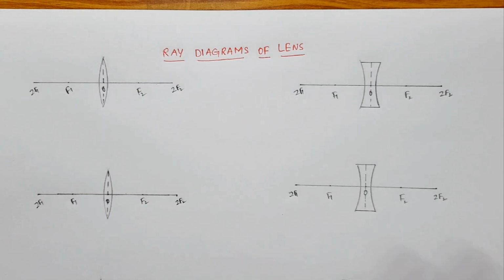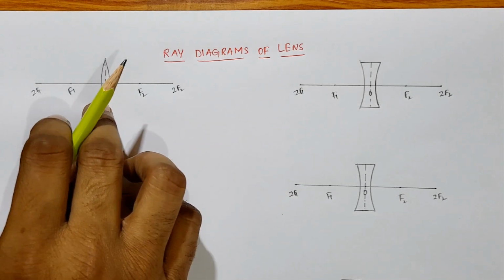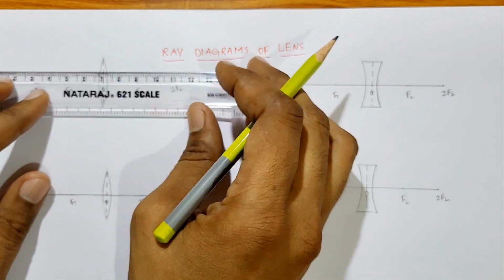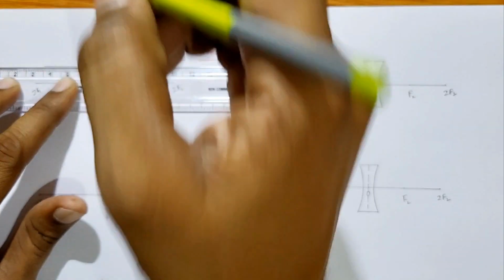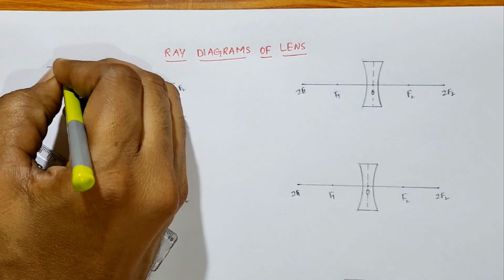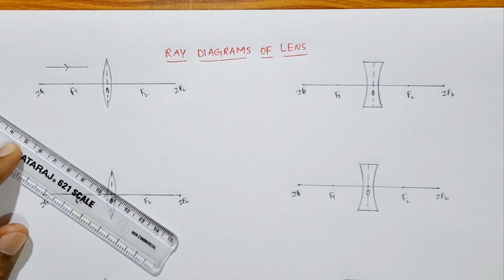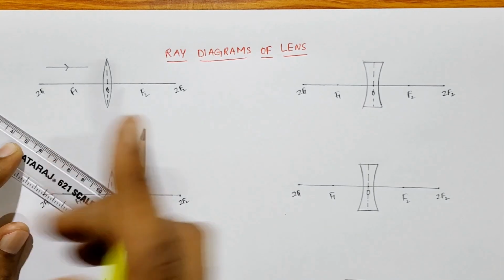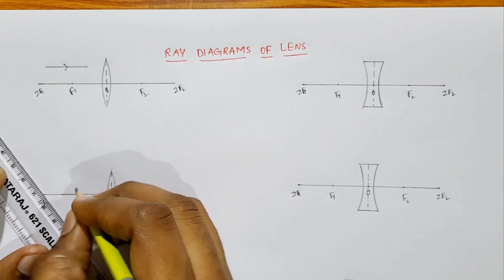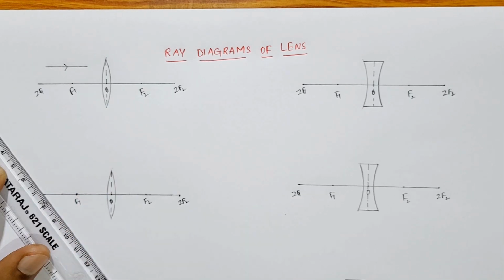What are those rules? When you have a convex lens and light ray comes parallel to the principal axis, like this, the incident light ray is coming parallel to the principal axis, how will the refracted light ray go? And one more rule: when a light ray passes through the focus of a convex lens, how will the refracted light ray pass?